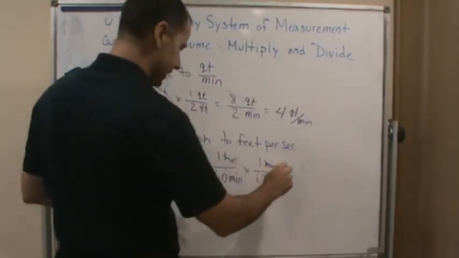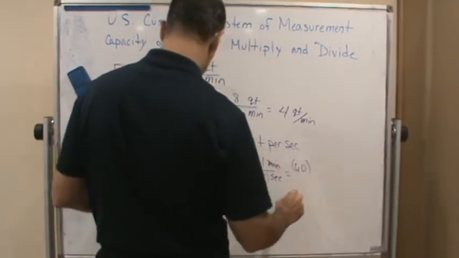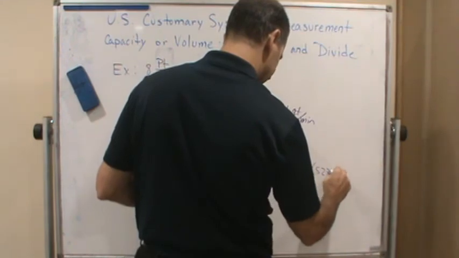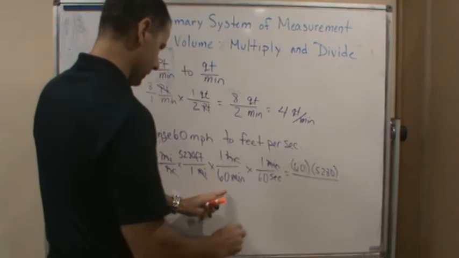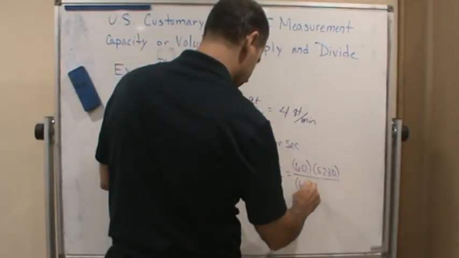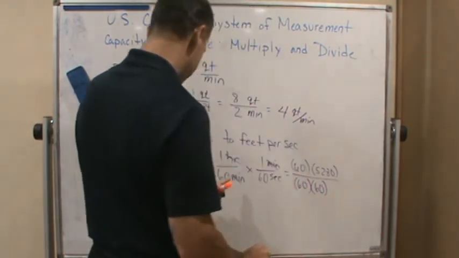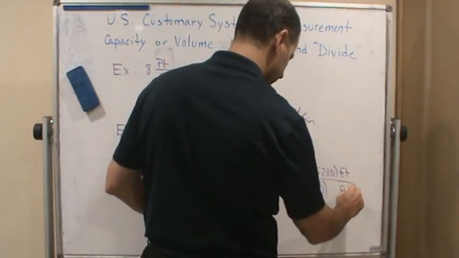I get 60 times 5,280 divided by 60 times 60. And the units are feet over seconds.